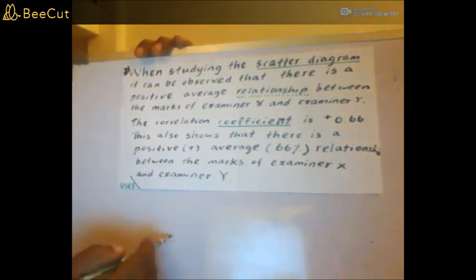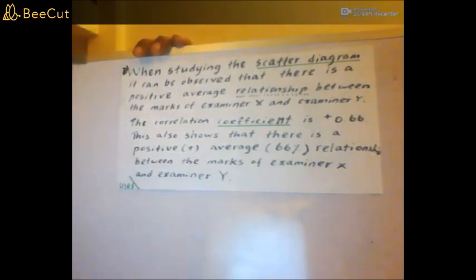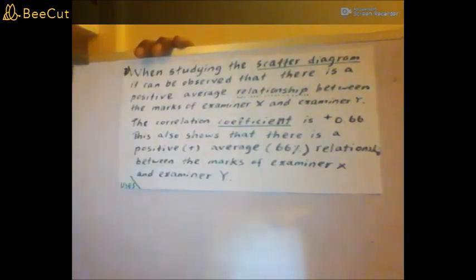Right? We are checking whether there is a relationship between these two variables, and if there is one, what type of a relationship, whether it's positive or negative, and the strength also, very strong, perfect, likewise, right?